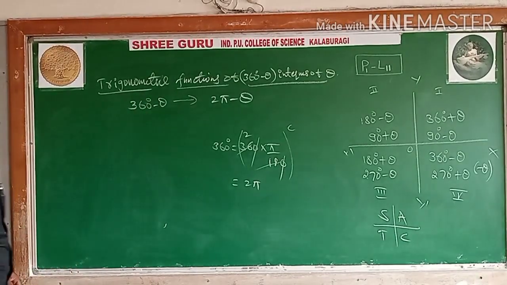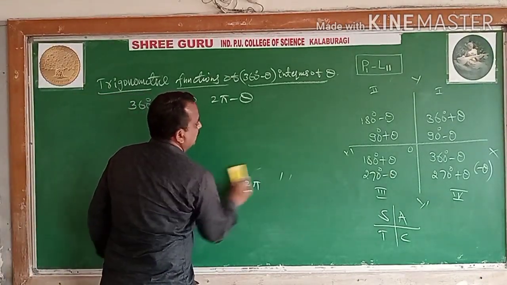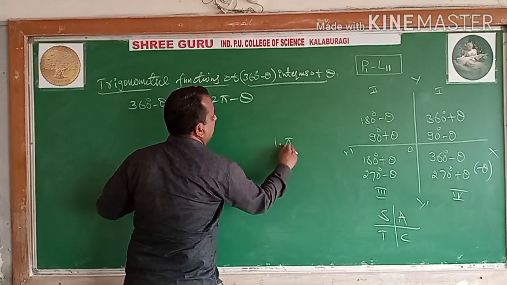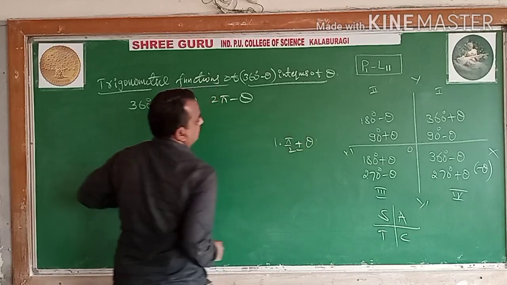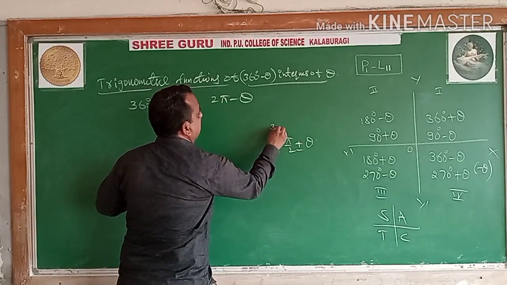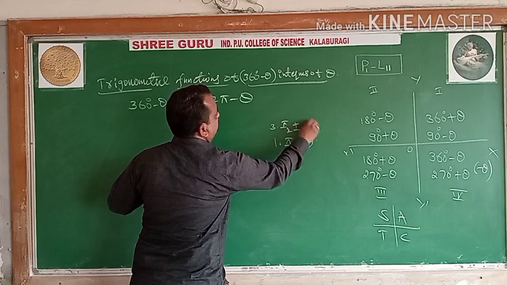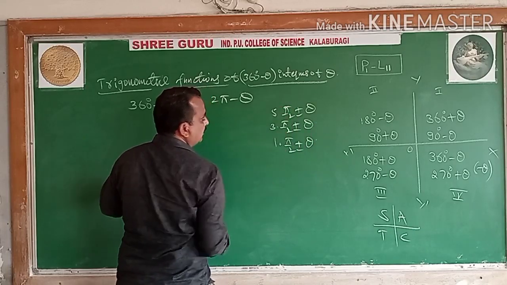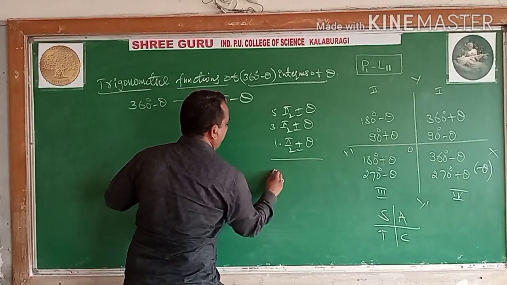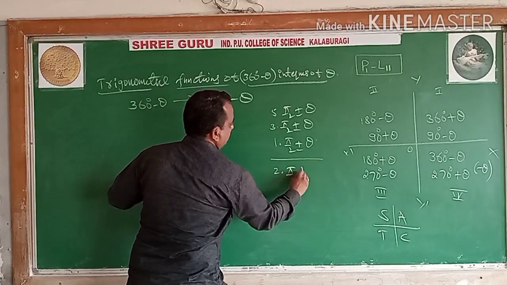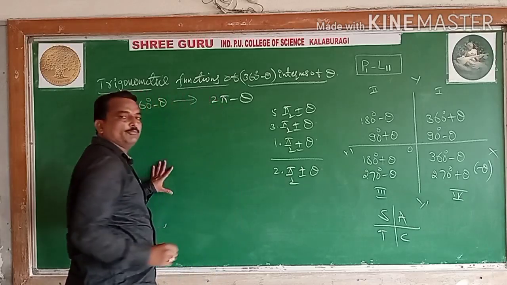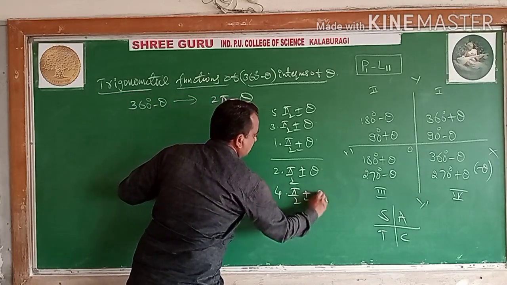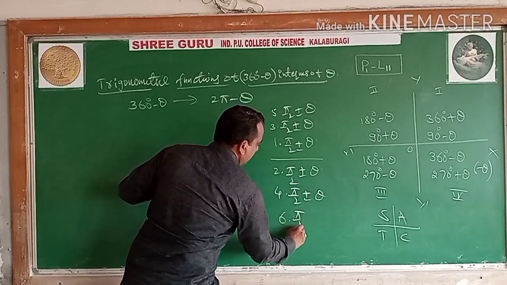So now, is it an even multiple of pi by 2 or an odd multiple of pi by 2 angle? Let us see. 1 pi by 2 plus or minus theta, 3 pi by 2 plus or minus theta, just as we have discussed, and 5 pi by 2 plus or minus theta. These are odd multiples of pi by 2. Now I will go for the even multiples of pi by 2. So this is 2 times pi by 2 plus or minus theta, 4 times pi by 2 plus or minus theta, 6 times pi by 2 plus or minus theta.